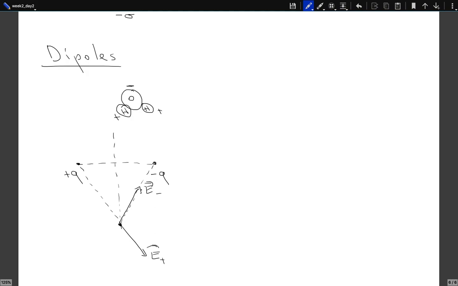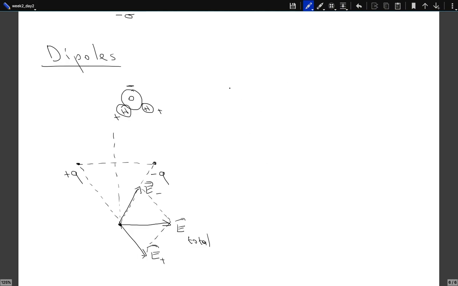And when you sum them up vectorially, this is the resultant electric field. At least at that point, it was horizontal. The vertical components just canceled each other.